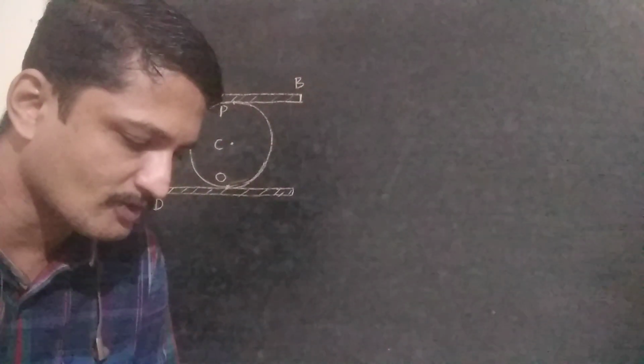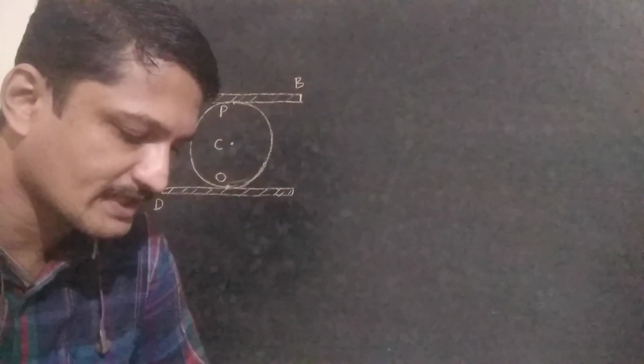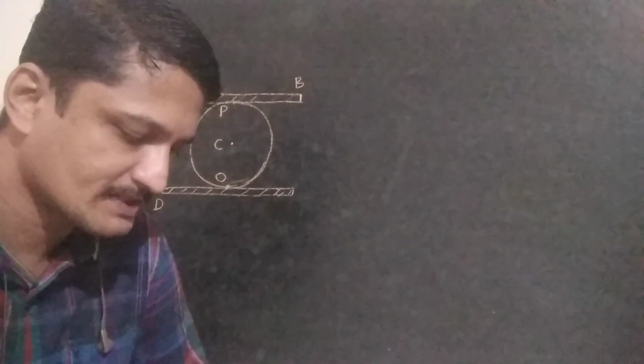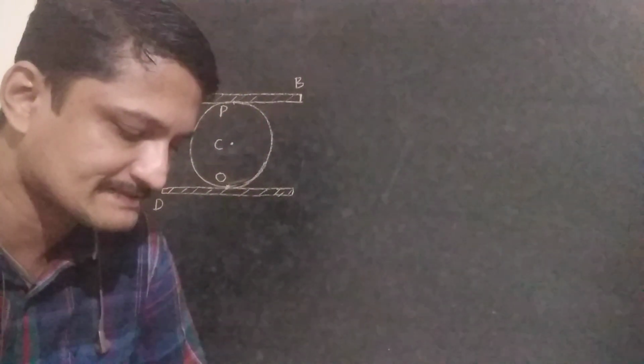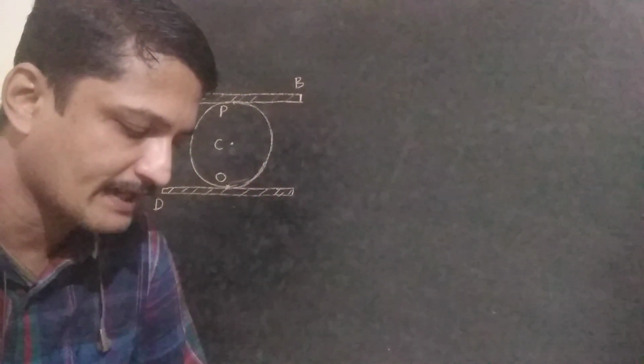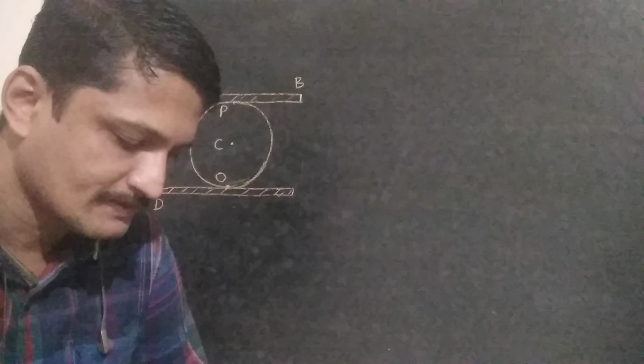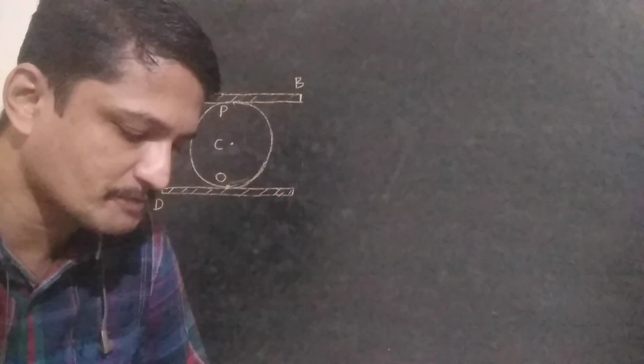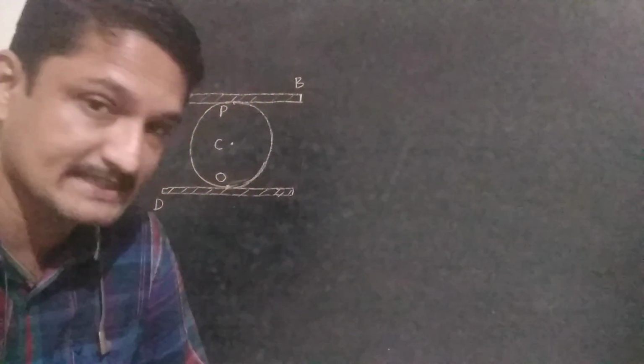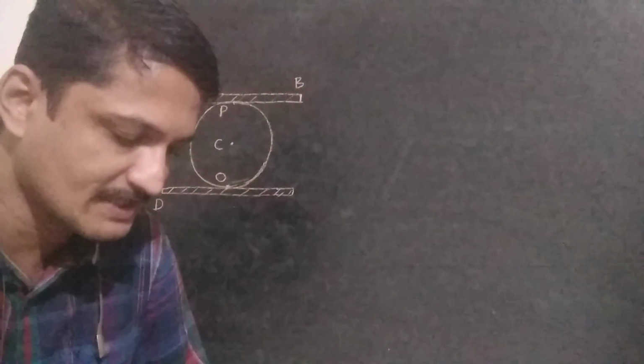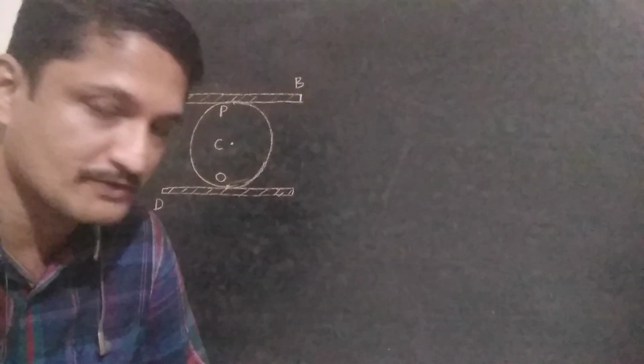Next problem. A cylindrical roller is in contact at its top and bottom with two conveyor belts AB and DE as shown in figure. If the belts run at uniform speeds of 3 meter per second and 2 meter per second respectively, find the angular velocity of the roller.